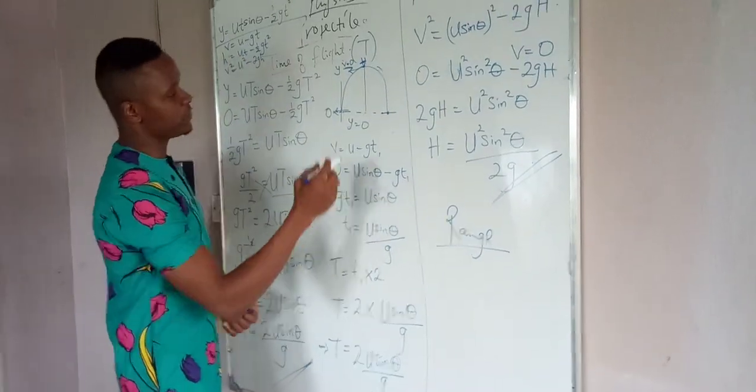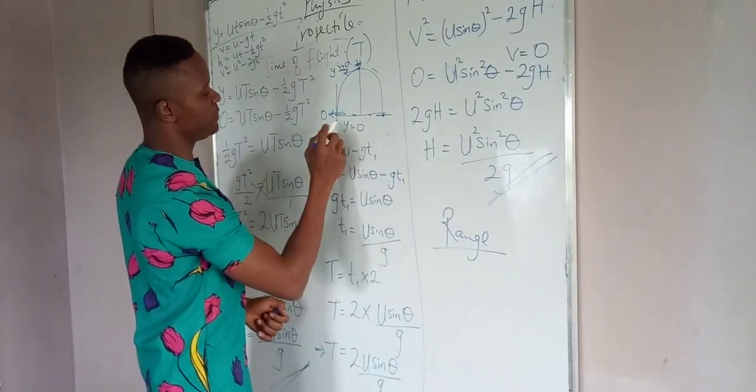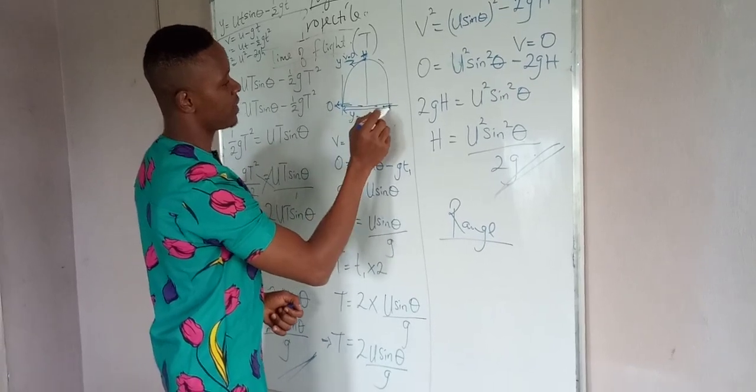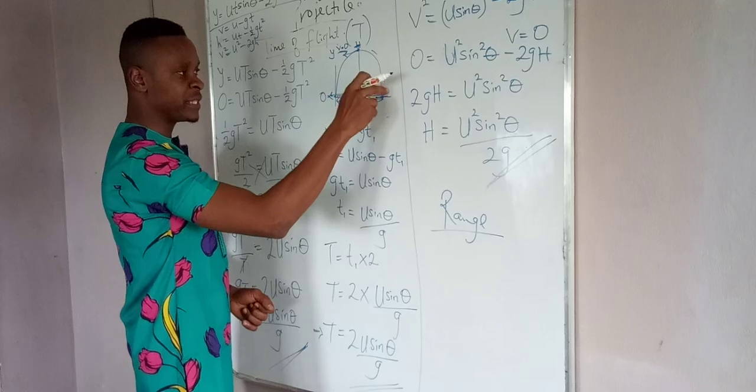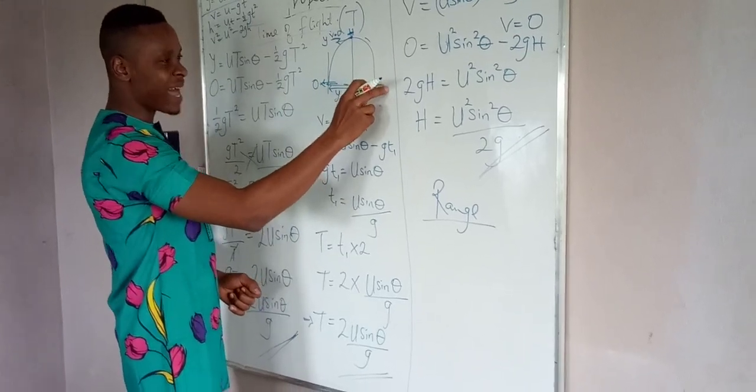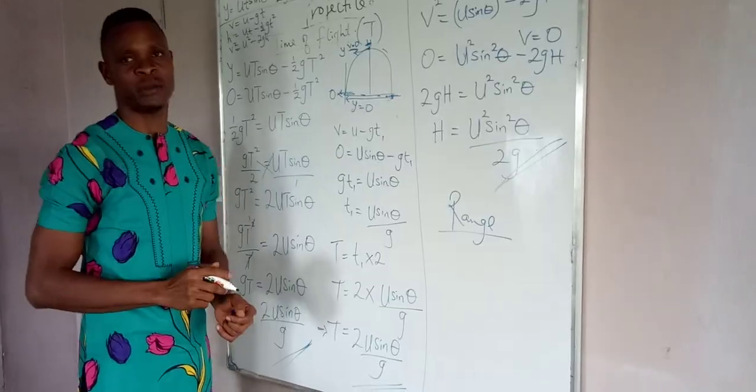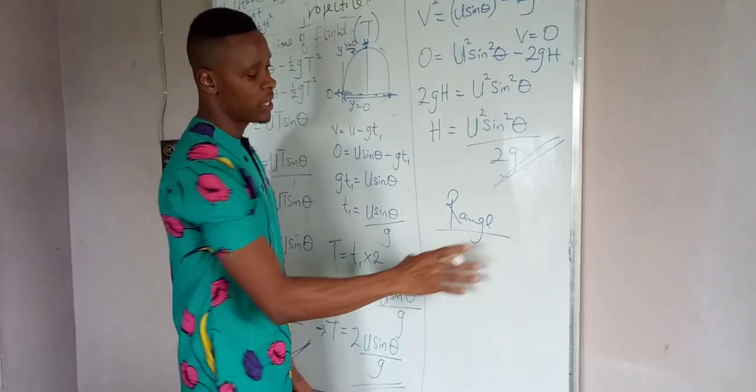So, from this description, the range would be the distance from here to here, where it drops back to a point along its plane of projection.